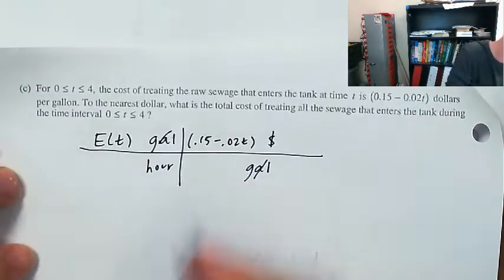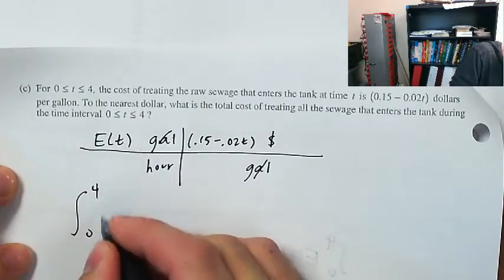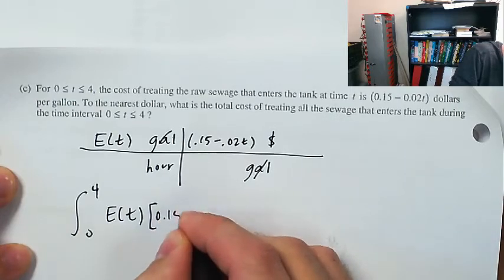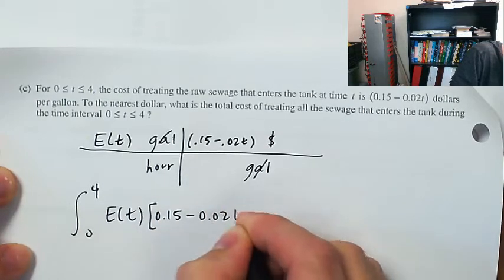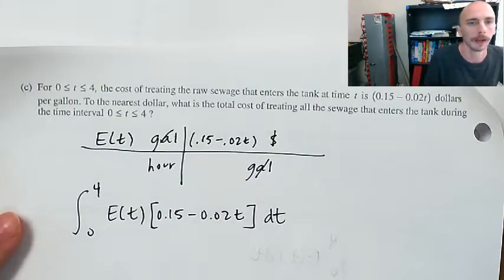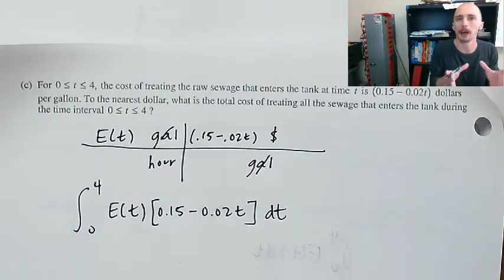Okay, so that's why I'm going to be integrating from 0 to 4, E of t multiplied by this 0.15 minus 0.02t dt.